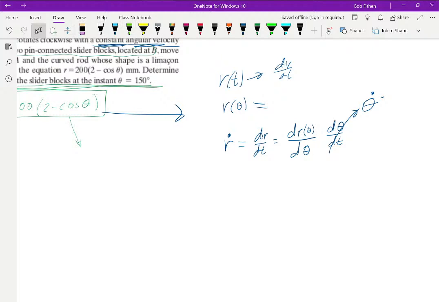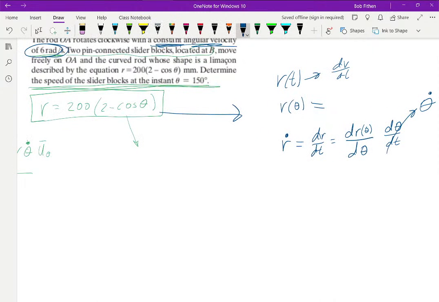Now, if we look at these for a second, hang on. What we'll first do is take the derivative, copying this down, of 200 times (2 minus cosine theta) with respect to theta, and then theta dot.